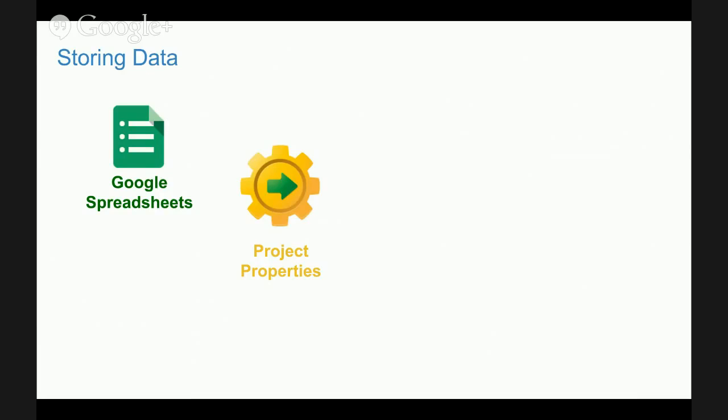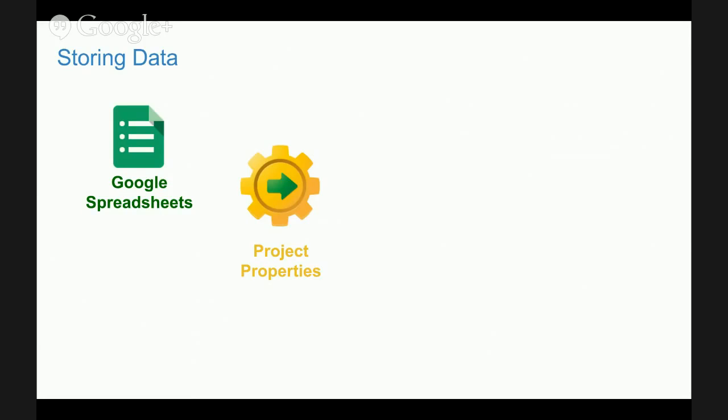The other available storage is the project properties. Again, I showed you how you can store value key pairs in the project properties. But project properties also is not a database. It's a limited space, about 500K per project, and each property value that you store can't exceed 9K.